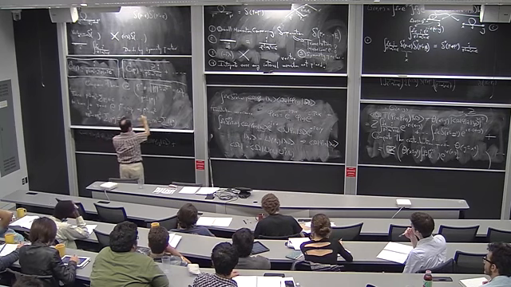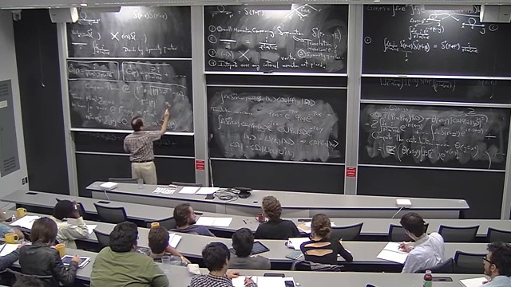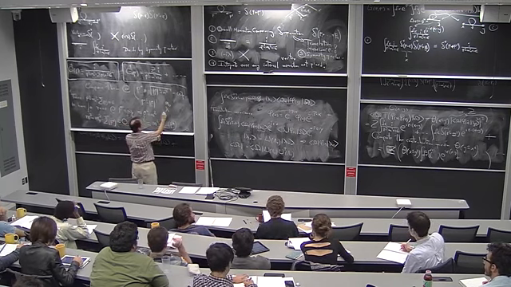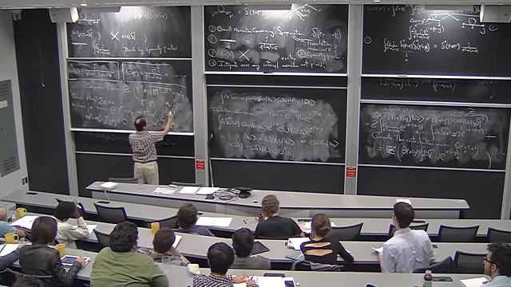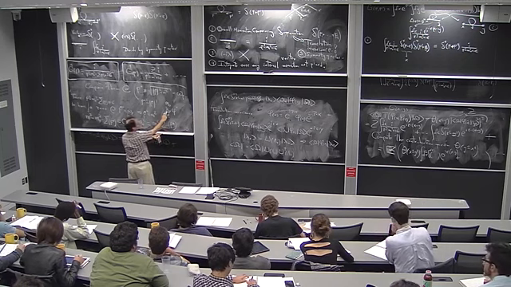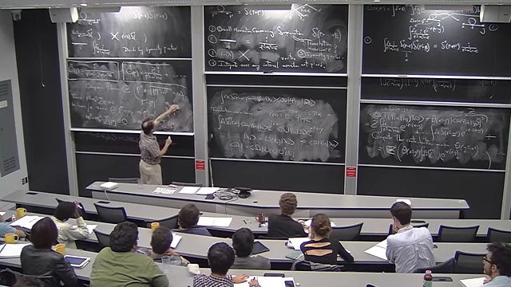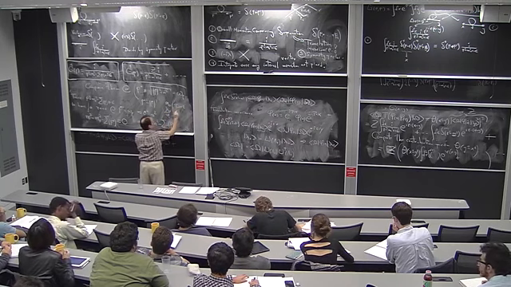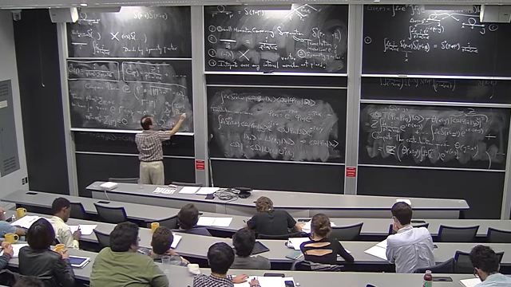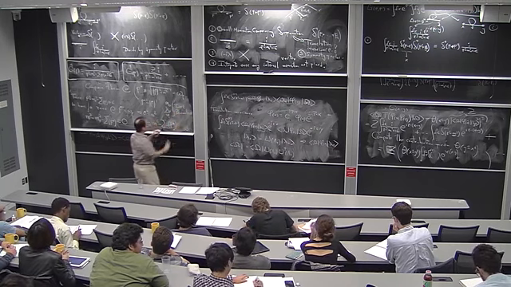So this M0, and actually, when we define this, we should also call this lambda 0. So M0 and lambda 0 are called bare parameters. Okay?